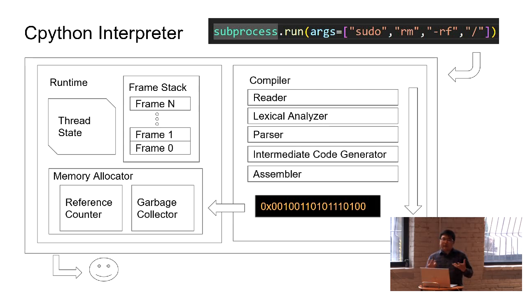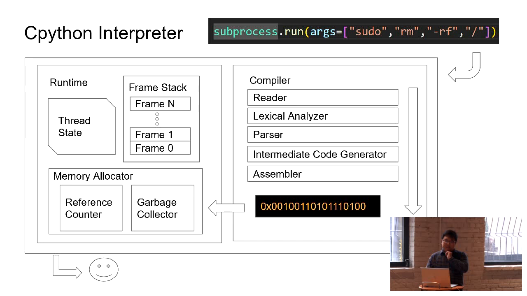Once we've got the bytecode, the runtime basically does two main things. One, it keeps a stack of frames of Python code, which I'll tell you about what frames are later. And then it has the memory allocator, which is its own complex subject, which we could spend all night on.